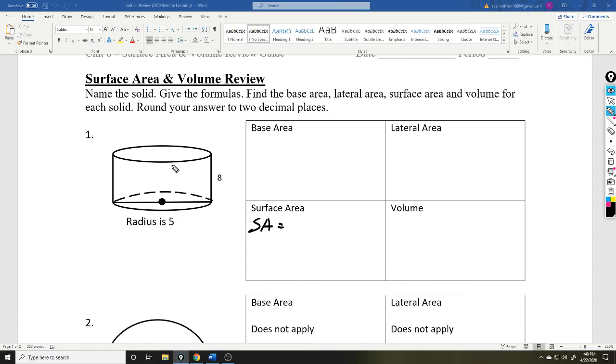It's got the circle down here and the circle up here. So that's twice the area of the base plus perimeter times the height, but perimeter for a circle is called circumference. Circumference times our height. And then our volume is area of the base times height.